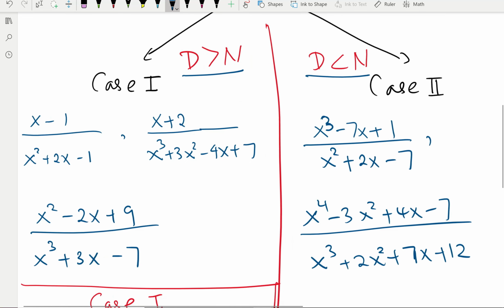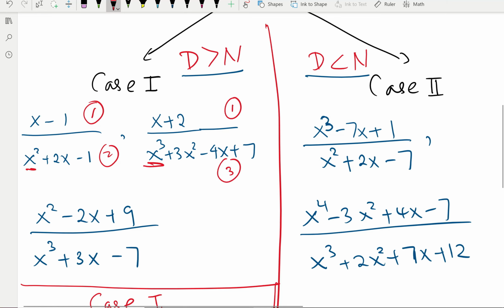So let's see. In case 1, look at this example. In the numerator we have a degree 1 polynomial, in the denominator x square, a degree 2 polynomial. In the second example, degree 1 in the numerator, x to the power 1, degree 3 in the denominator. Degree 2 in the numerator, degree 3 in the denominator.